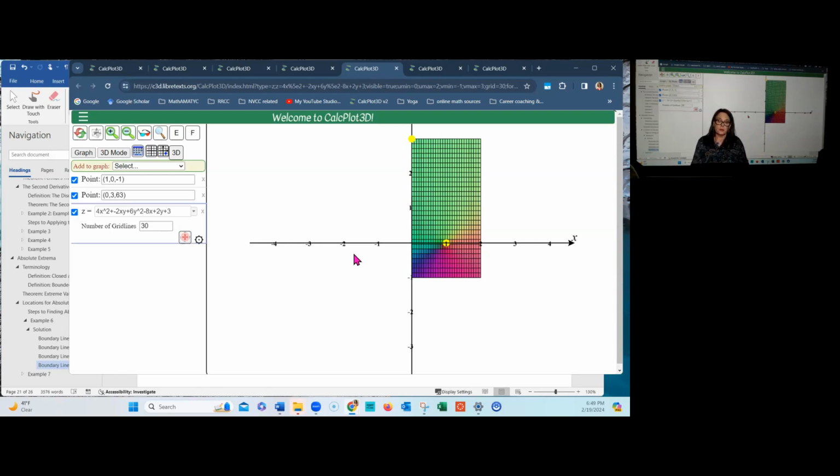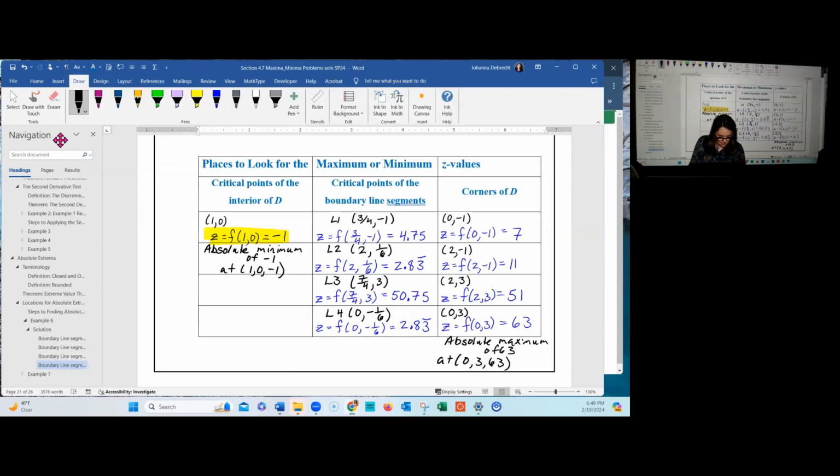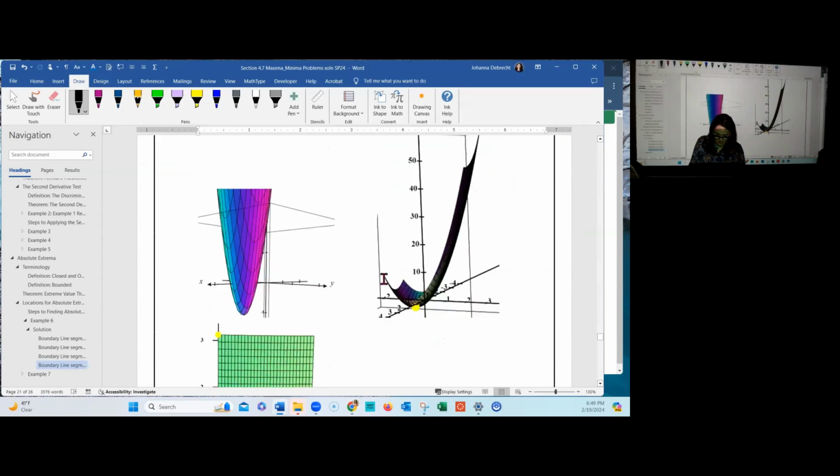Now that we've completed one example, let's try another one where the boundary is not line segments, but is instead a circle. We want to take a look now at example 7.